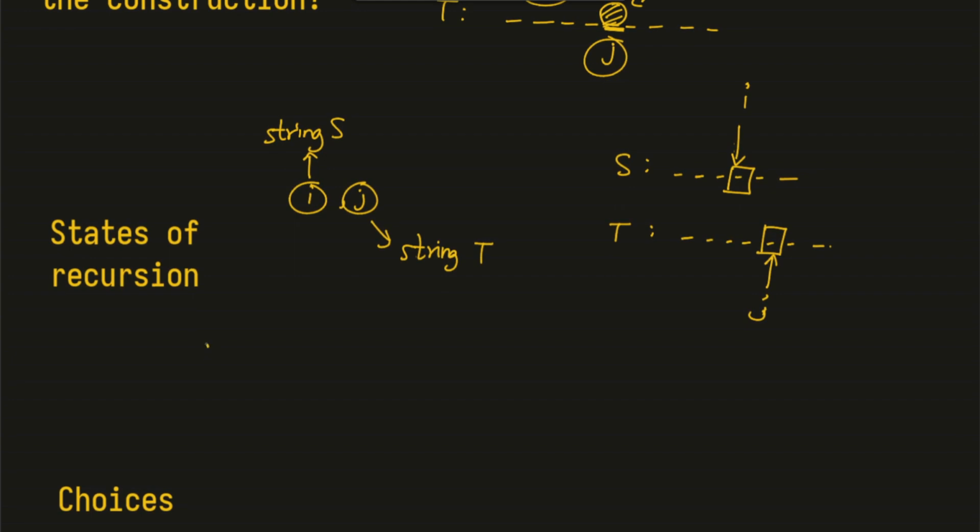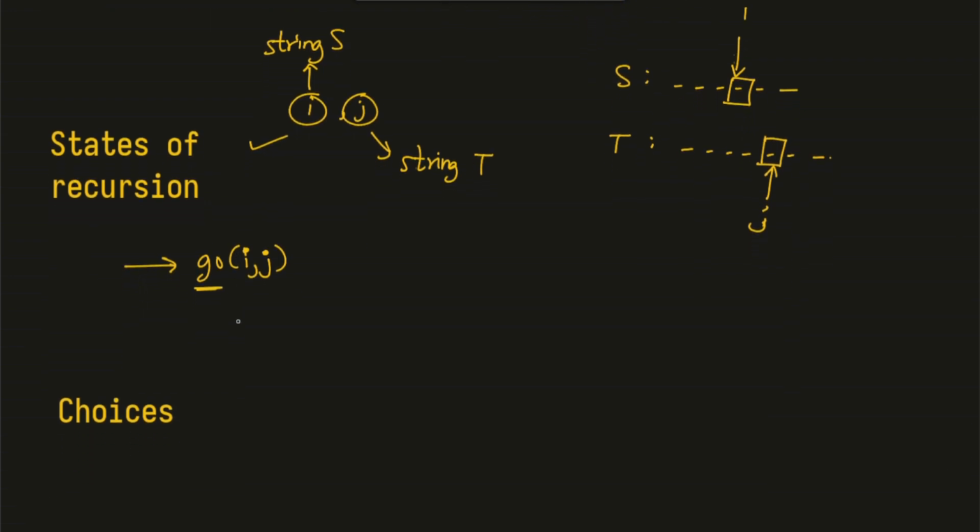So let's say go of i, j is the state of the function. I am calling the function go, which returns us the answer, saying that the states of the recurrence are I and J as we defined them here, and we don't know what it computes yet.